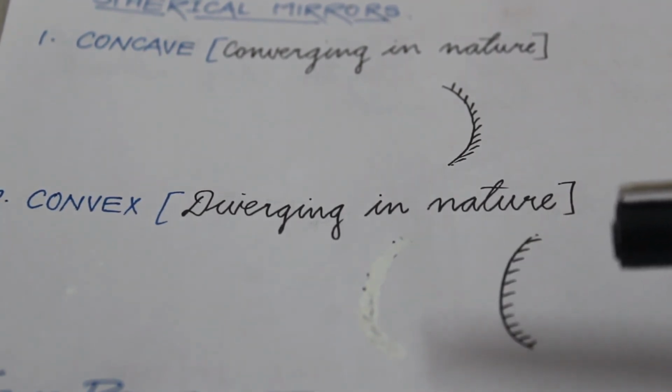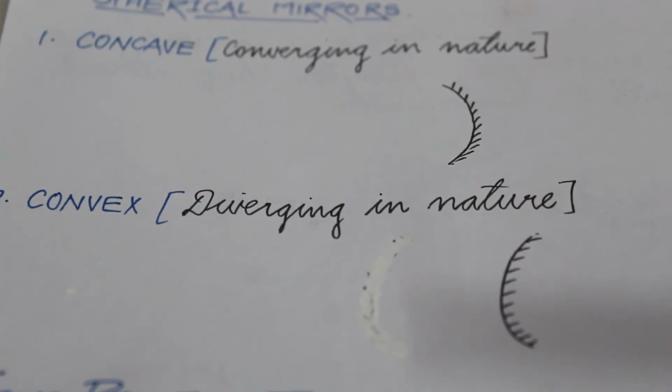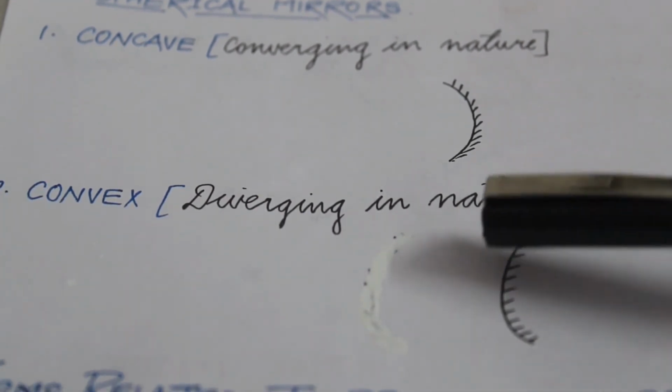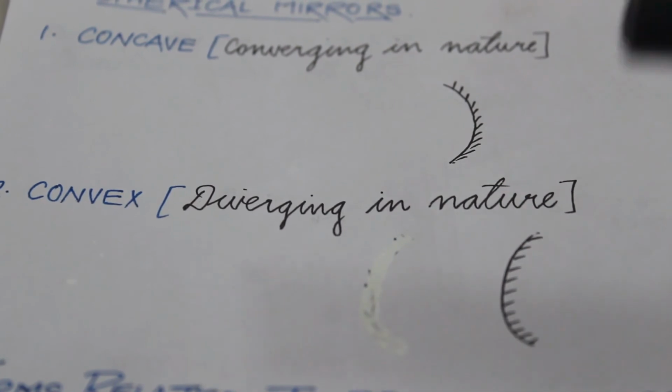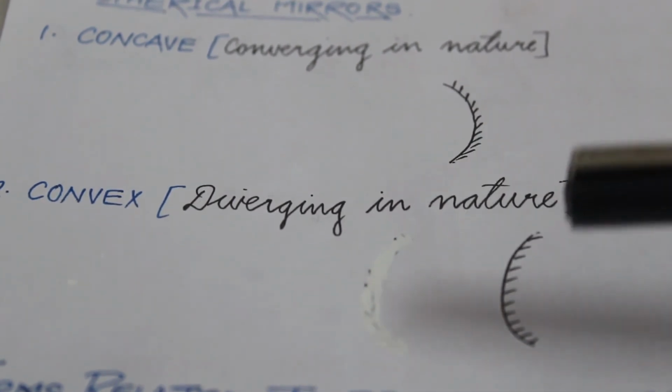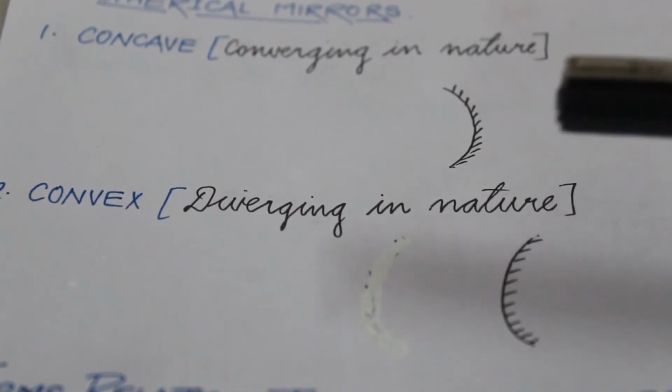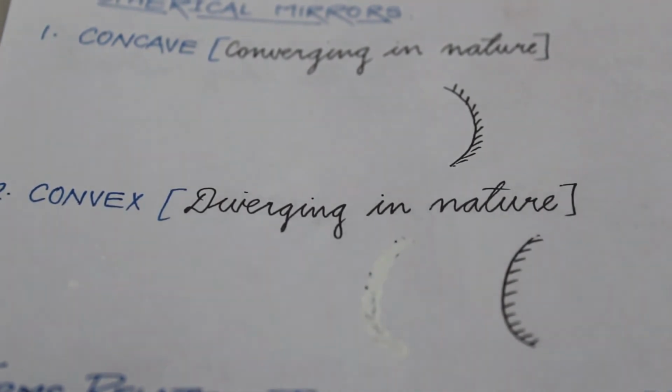It means the image formed is virtual in nature. On the outer portion of a spoon, you would find that the image formed is erect. It means that the image formed is virtual, and this outer portion is the reflecting surface, and it is convex, which is diverging in nature, and the images formed by convex mirrors are mostly virtual images.